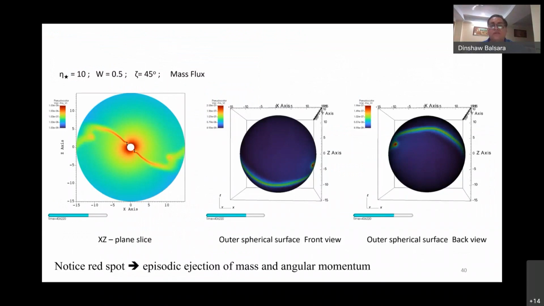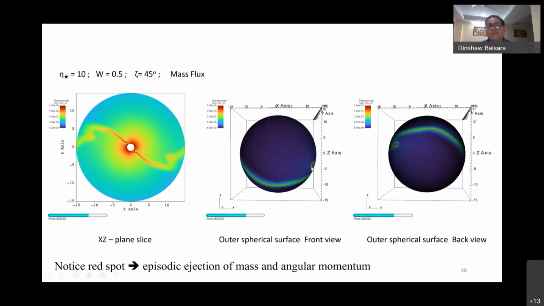So you can see that this is a representation of the mass flux at the outer boundary of the sphere. First of all, you're getting mass outflow, and the majority of the dense outflow is along the dense wind that takes place along the magnetic equator.